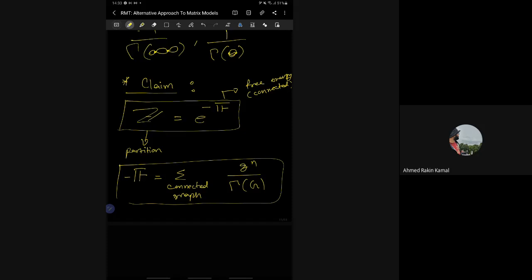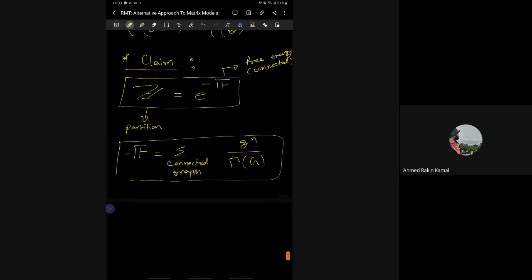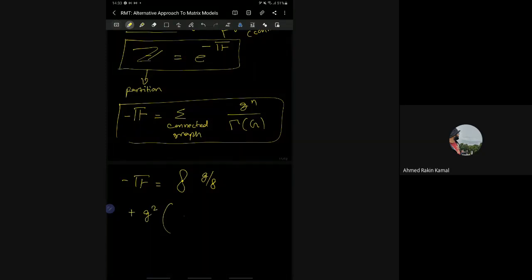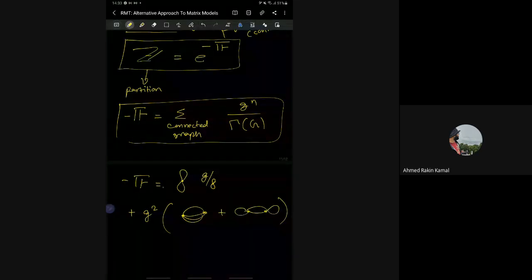Is everybody okay with the function f? The function f is a sum of connected graphs. If I write it out, it's something like this: G over 8, the first connected one, at order G squared. You have this, and then 2 over 10. So this is the function of connected graphs, and so on.